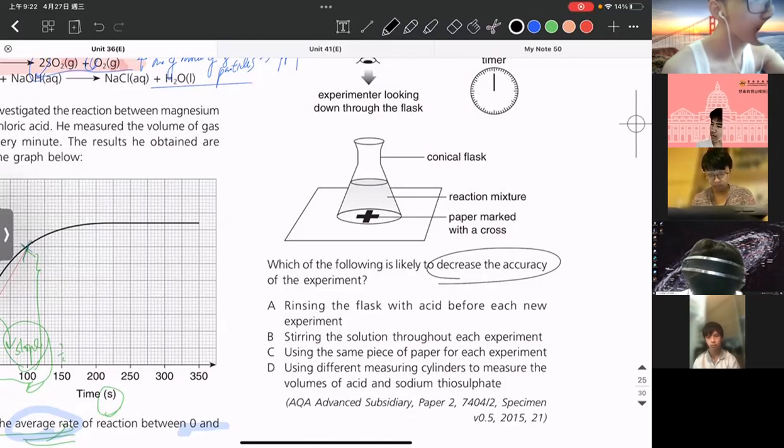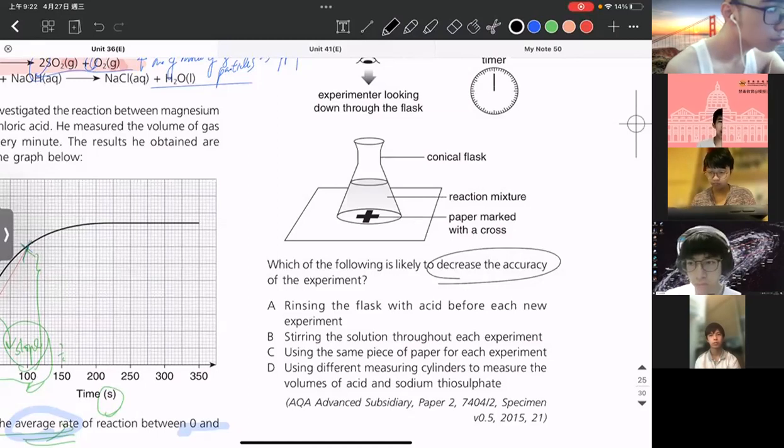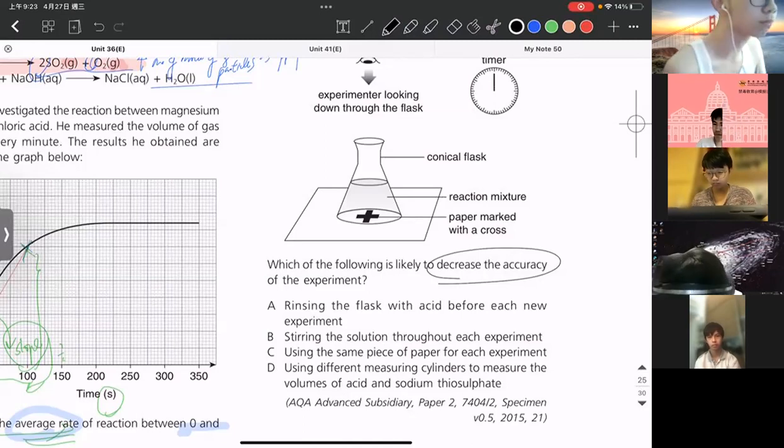B. Stirring the solution throughout each experiment. Why do you think it is B? Why did you choose B?